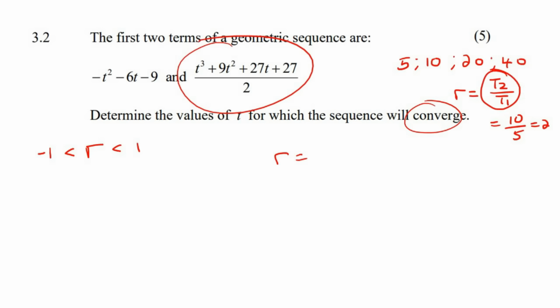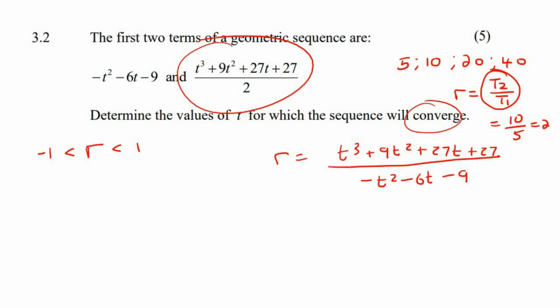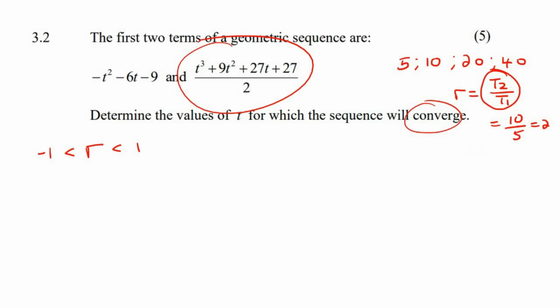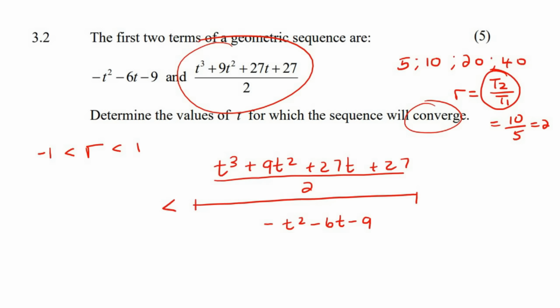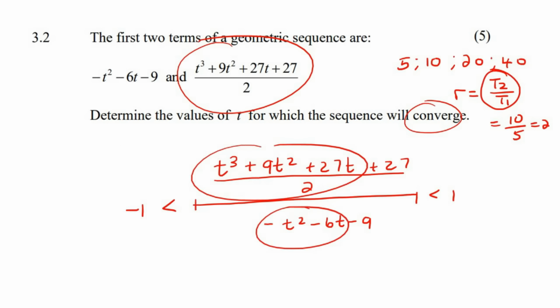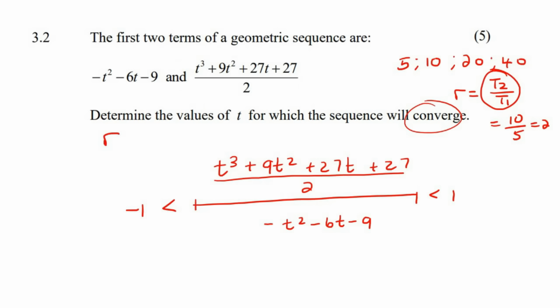That's how we work out r. Let me write this a little bit bigger. So that's going to be bigger than minus 1 and smaller than 1. You see what I did there? I went and said term 2 divided by term 1, now I know that is r, and so r is between minus 1 and 1.